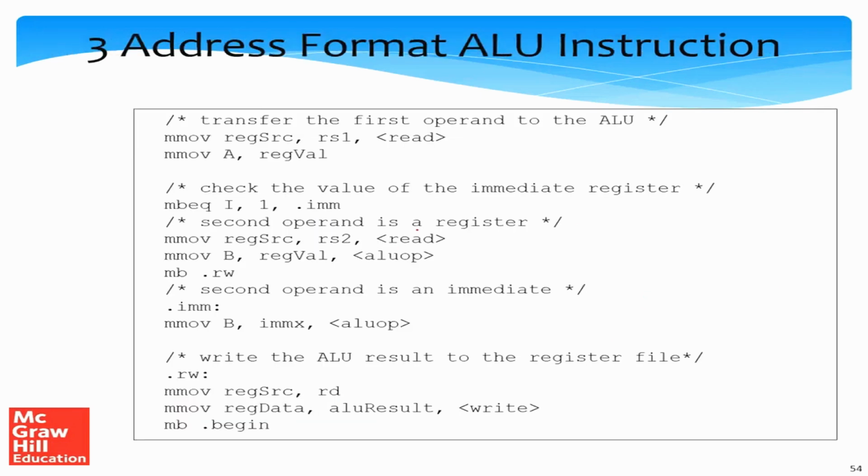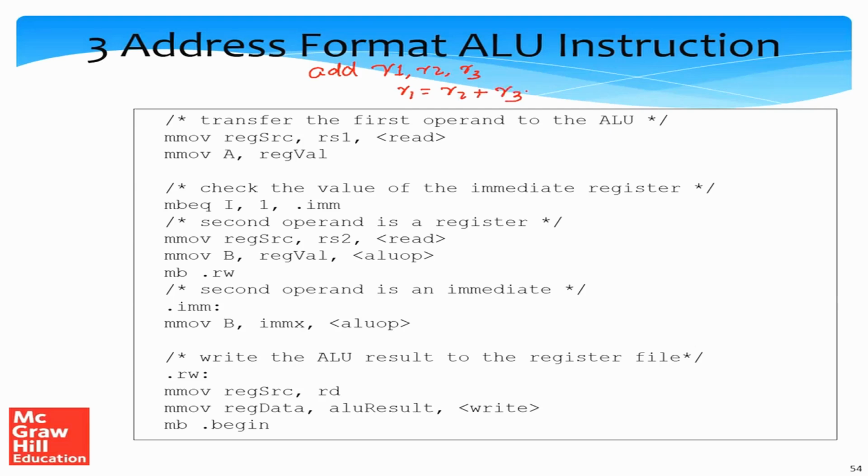So let's now look at the microcode of different high-level instructions. High-level meaning simple RISC instructions. So let's first consider 3 address format ALU instructions, something of the form add R1, R2 and R3, something of this form, where we actually do R1 is equal to R2 plus R3.